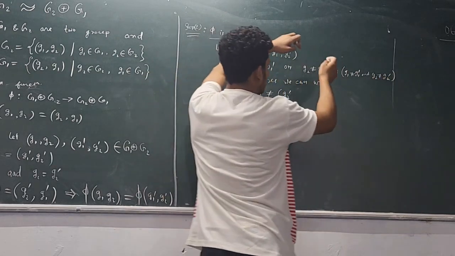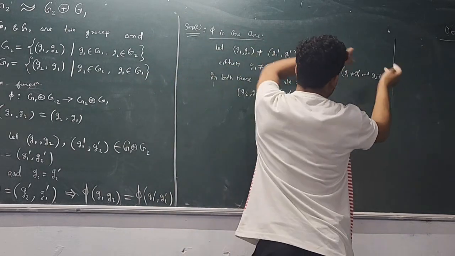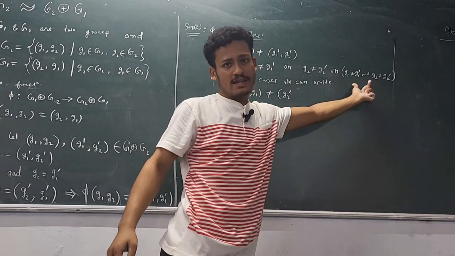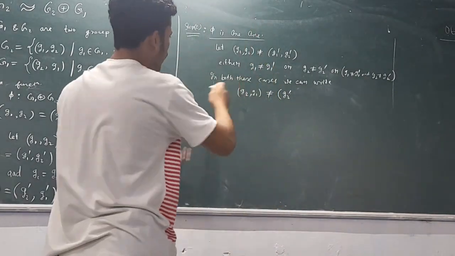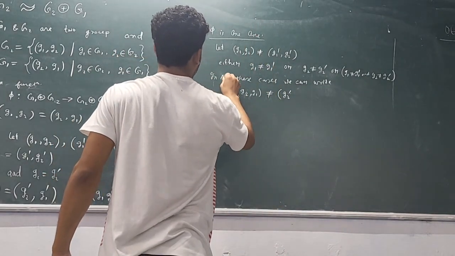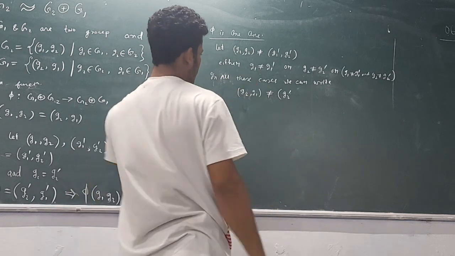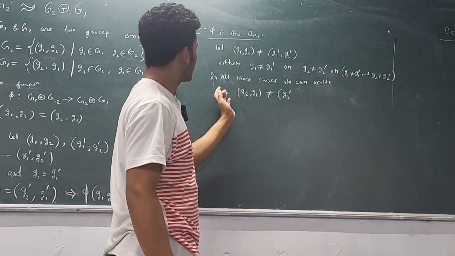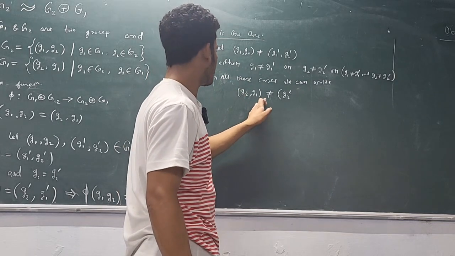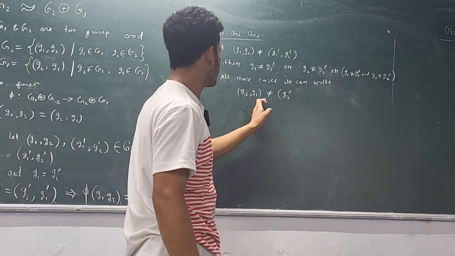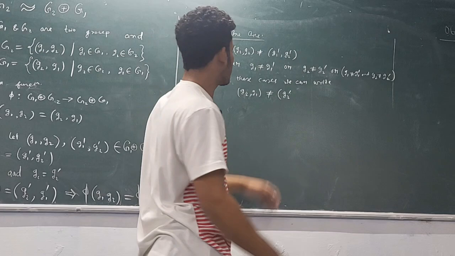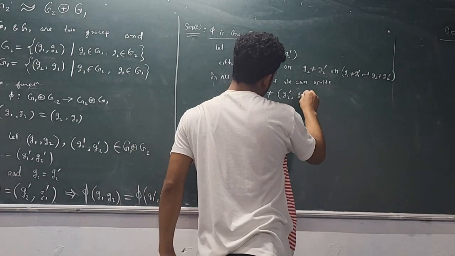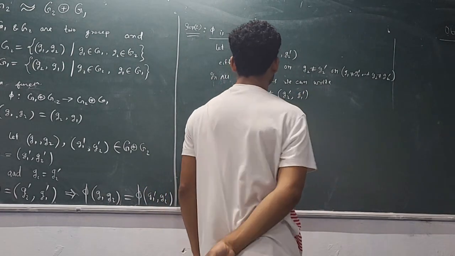This can happen, or these two simultaneously can happen. In all these cases, we can write G2, G1 is not equal to G2 dash comma G1 dash. Okay.